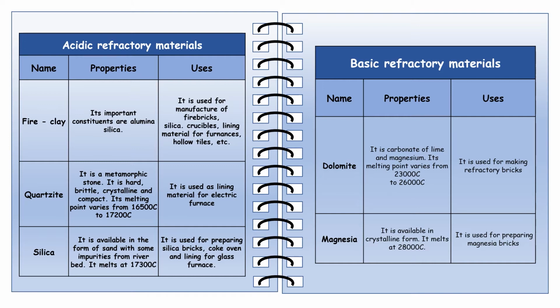Properties: it is carbonate of lime and magnesium. Its melting point varies from 2300 degrees Celsius to 2600 degrees Celsius. Uses: it is used for making refractory bricks. Magnesia. It is available in crystalline form. It melts at 2800 degrees Celsius. It is used for preparing magnesia bricks.